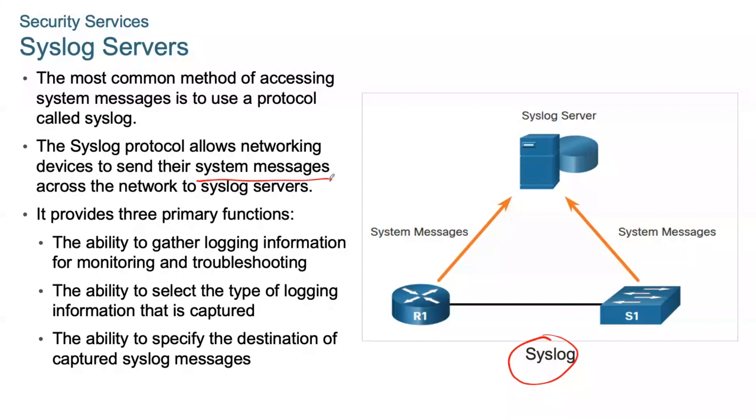In those system messages, you will find at what time the user logged in, as we just explained, at what time the user logged out, and at what time the user tried to access which resource of your network.